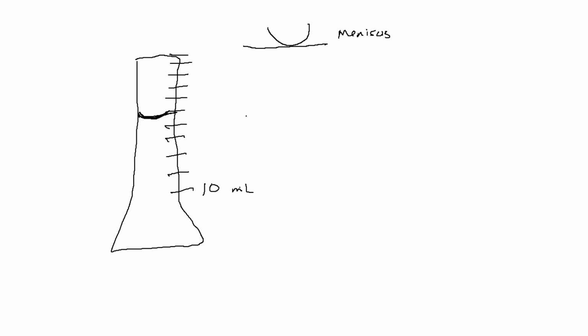So what we want to do is the same thing. We want to take our large markings, and I'll put a large marking up here at the very top. And between 10 and 20, that is 10 milliliters as our large markings. Our small markings here, again, we're going to start counting like we did on the previous one. We're going to start counting after that last large marking.